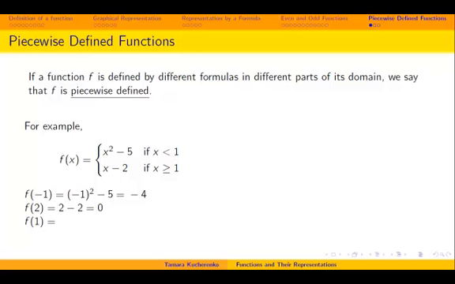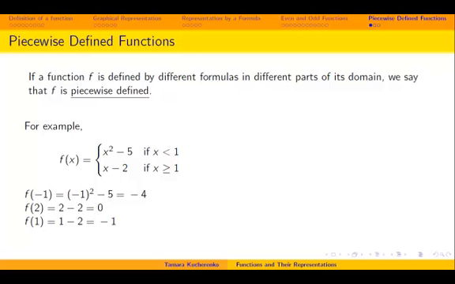And the last example, let's evaluate f of 1. x is equal to 1. So again, we need to plug in 1 into the second expression. We get 1 minus 2, which is negative 1. So f of 1 is negative 1.